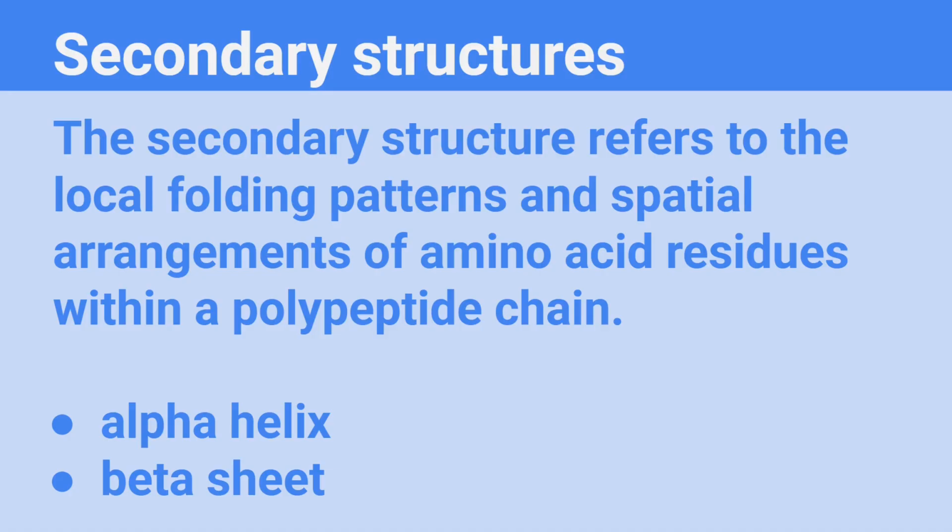The two most common types of secondary structures are alpha helices, characterized by a coil and helical structure, and beta sheets, where segments of the polypeptides line side by side, forming a sheet-like arrangement.